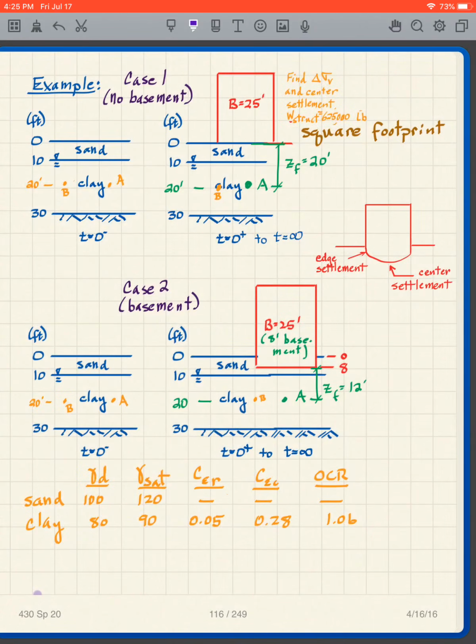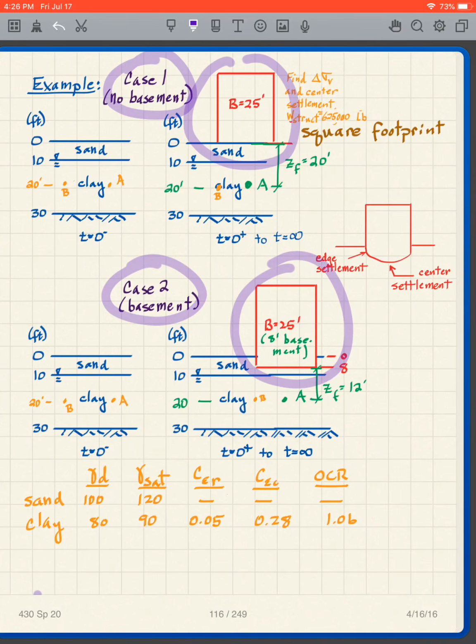All right, I want to continue with the problem that we worked last time, where we had the settlement of a structure. We had case 1, which was no basement, and case 2, where we had an 8-foot basement.